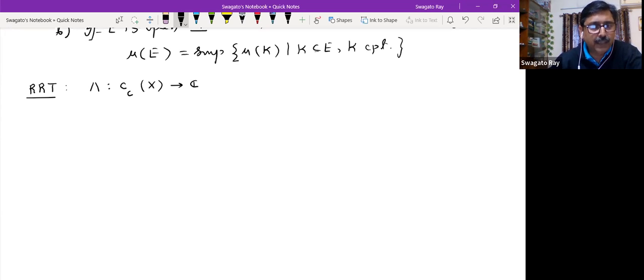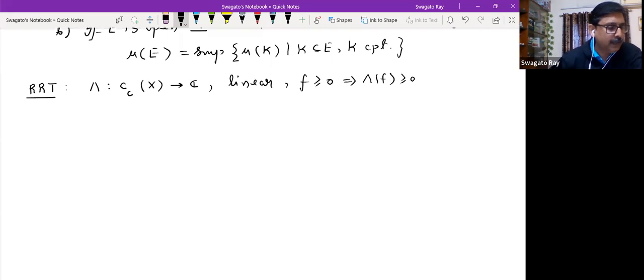We have to construct a measure mu such that this Lambda of f is given by integration with respect to that measure mu. The only property we know about Lambda is that Lambda is linear and it's positive, that is, f non-negative implies Lambda f is non-negative. This much is given to us.